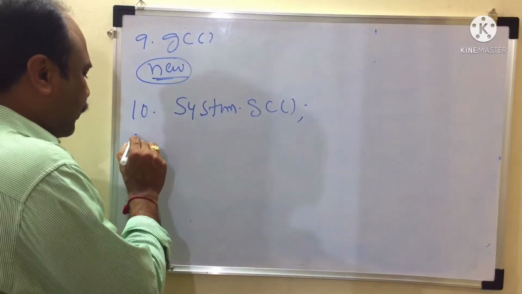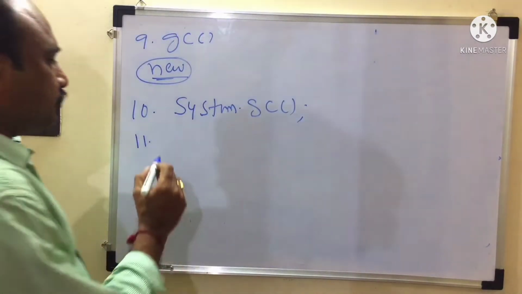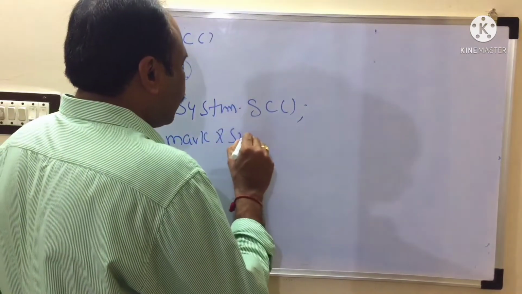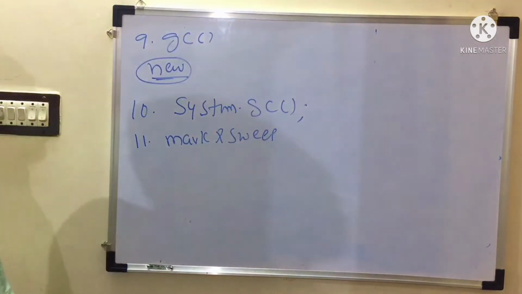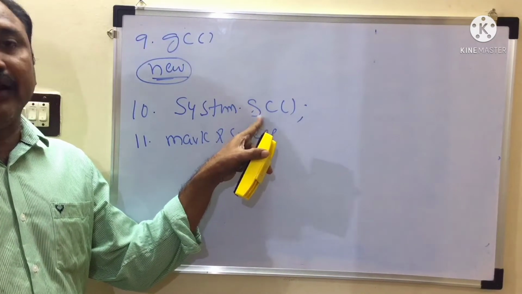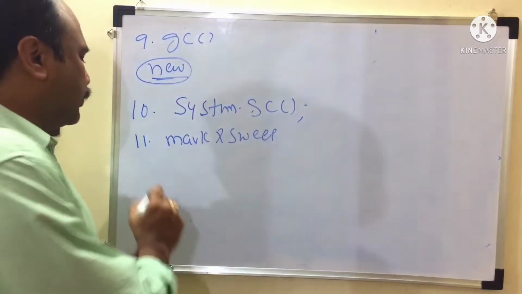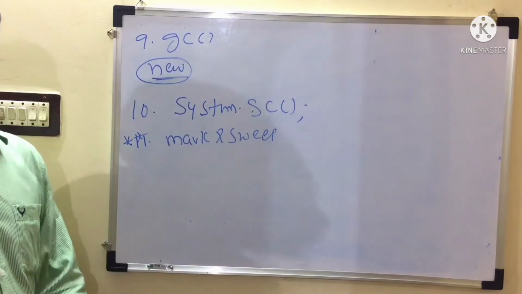Next, there is one more very important question. What about the mark and sweep algorithm? When garbage collection removes unused objects, internally it uses the mark and sweep algorithm. This is one of the very important questions.